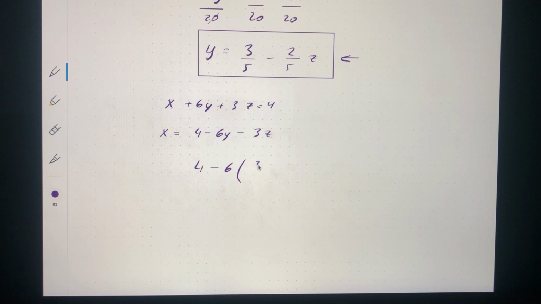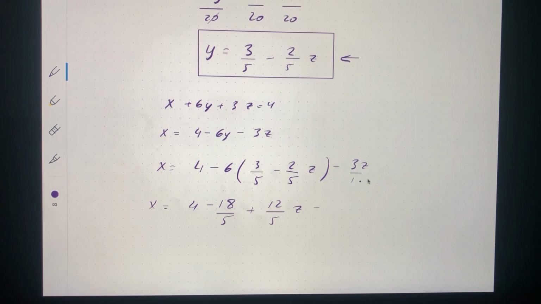So x is 4 minus 6 times the quantity 3/5 minus 2/5 z, minus 3z. Now we have 4, and multiplying by negative 6, that's negative 18/5, plus 6 times 2 is 12/5 z, minus 3z. Well, the 3 is over 1 and we're combining it with the fifths.